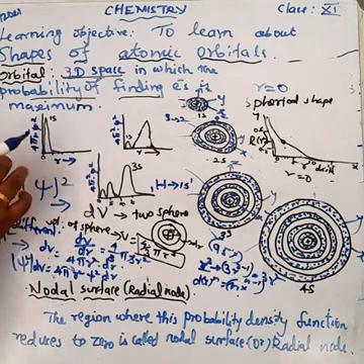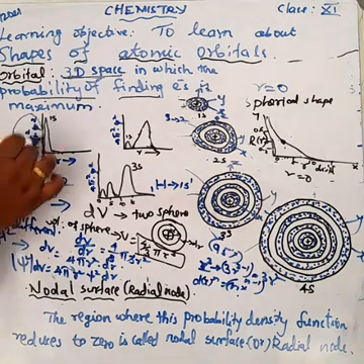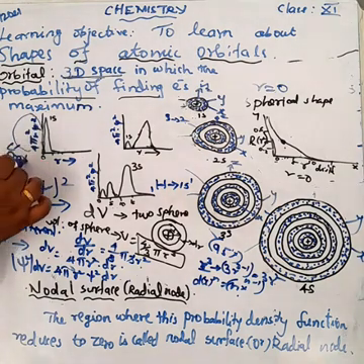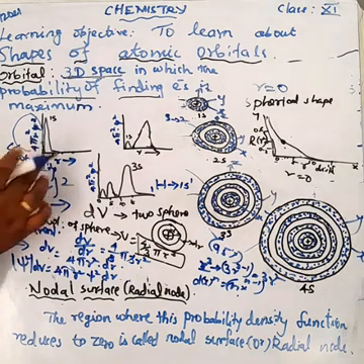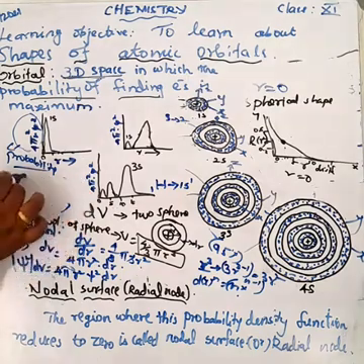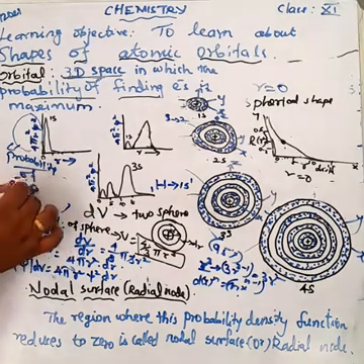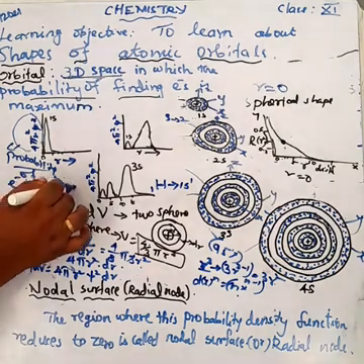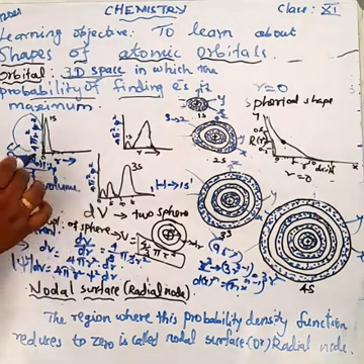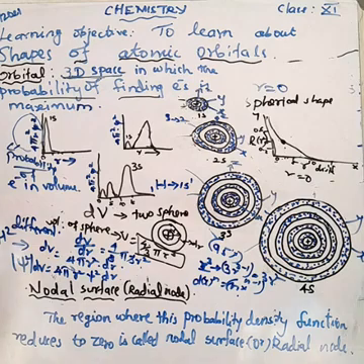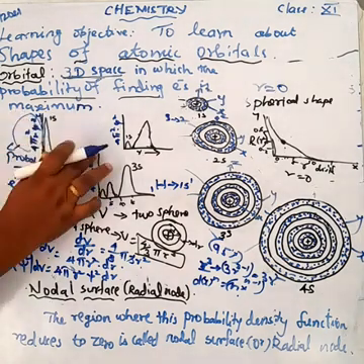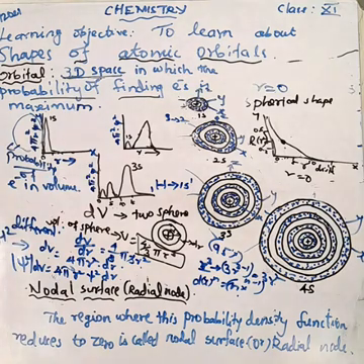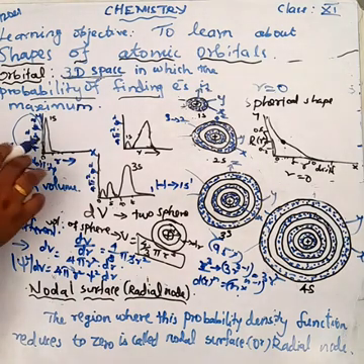This 4 pi r square psi square represents the maximum probability of electrons in the given volume of space. I take this on the y-axis and r on the x-axis, and plotted the graph.